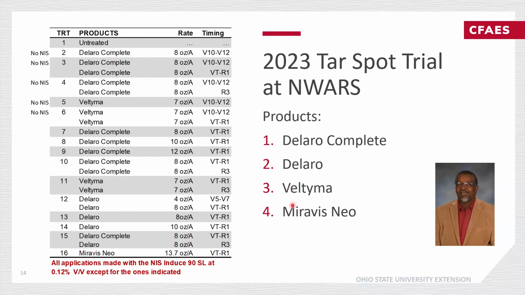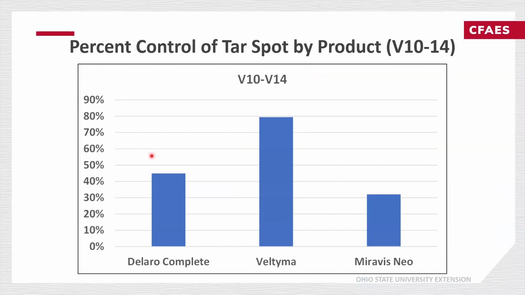So first, looking at product. So 4 main products were used in this trial. We have Delaro Complete, and that is different from Delaro. So here we have that additional active ingredient, as well as Veltima and then Miravis Neo. And looking at the different timings, so first from V10, V14, a single application, focused on what those results were by product.